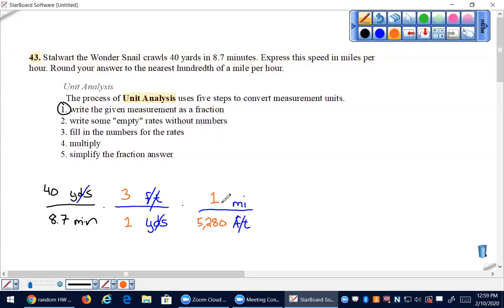Everyone with me so far? I'm not done. Right now I'm at miles per minute. And that's not what I want. I want miles per hour, so I need another fraction. I have minutes down there, so I put minutes up here. And if I'm confused, because as you've seen, it can happen, especially on the day of a test, do I want seconds, do I want hours, right?